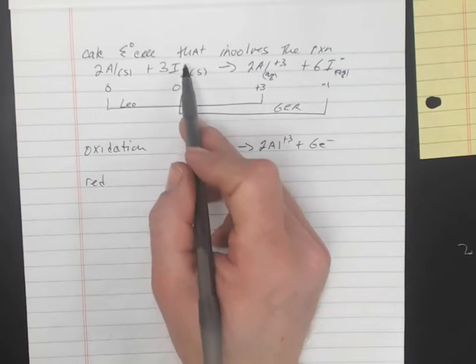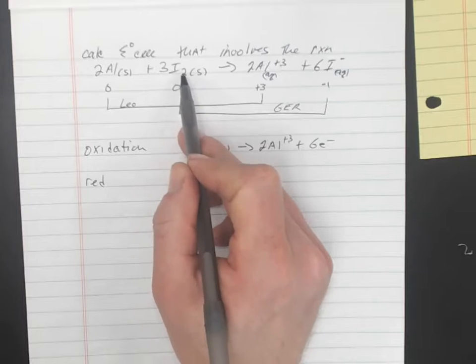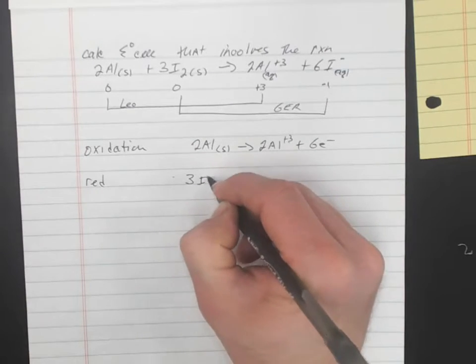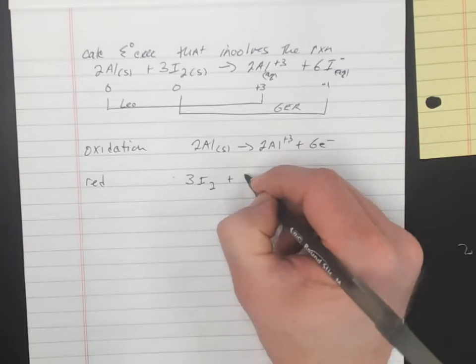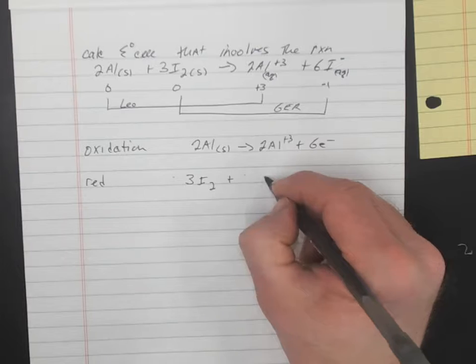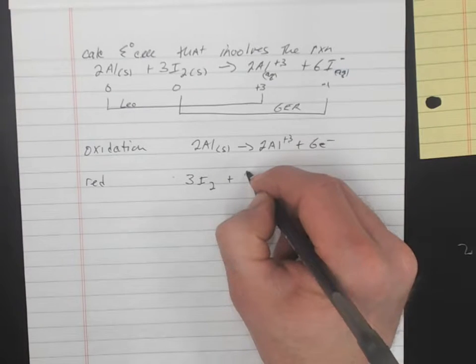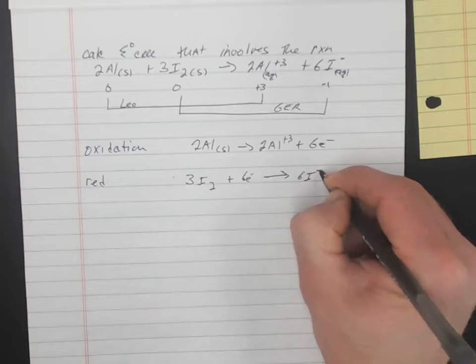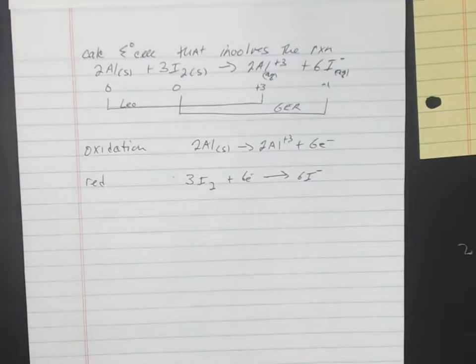For the reduction, you always go with what is your first one on your reactant side. So 3. Yep. You got it. You got 3 I2 plus 6 electrons would yield 6 I negative.